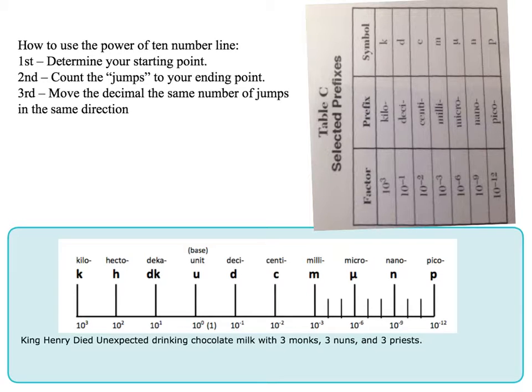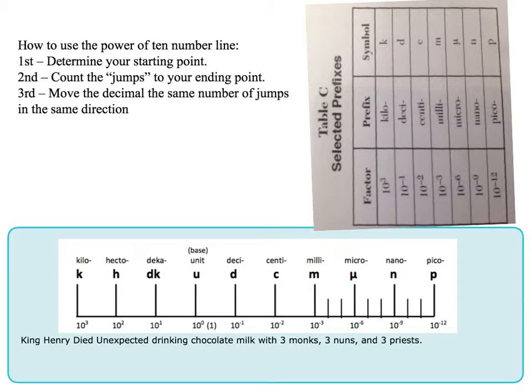So notice on your reference table, you go from a 10 to the third down to a 10 to the first, and there are no actual ticks for the measurements in between. It is important that, like the number line at the bottom here, there's one tick for each and every number.